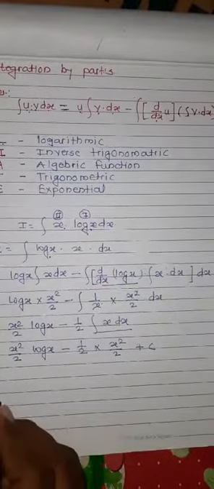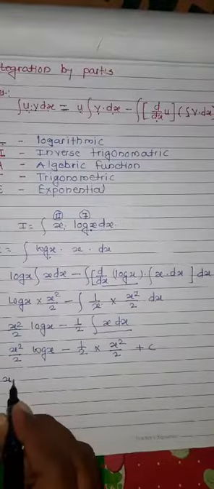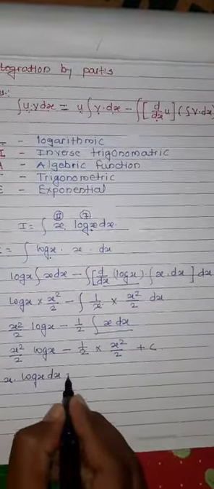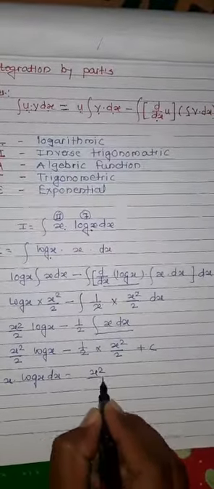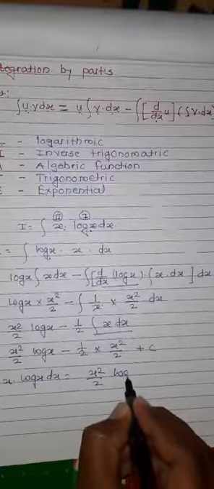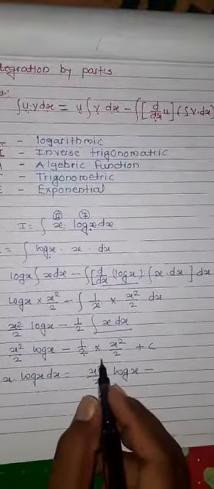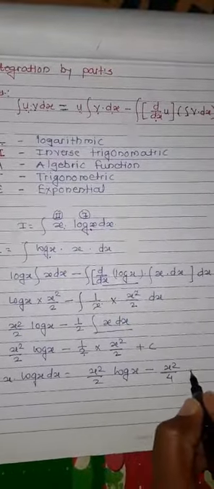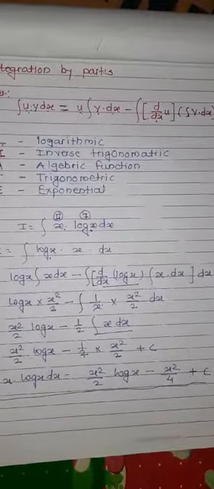At the last stage, the integration of x into log of x dx can be written as x square divided by 2 into log of x minus x square divided by 4, plus constant of integration c, and the solution is completed.